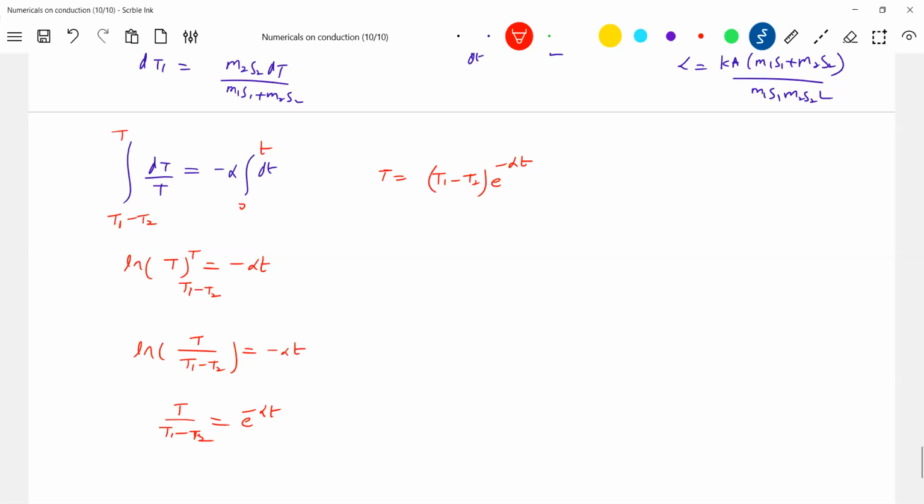The temperature difference will decrease exponentially. I think I should bring a graph so that you'll understand what actually it is. There's time in seconds and there's temperature difference. So what is the initial temperature difference? You're plotting temperature difference. At t equals 0, the temperature difference is T1 minus T2. With time, what will happen? It will decrease exponentially.